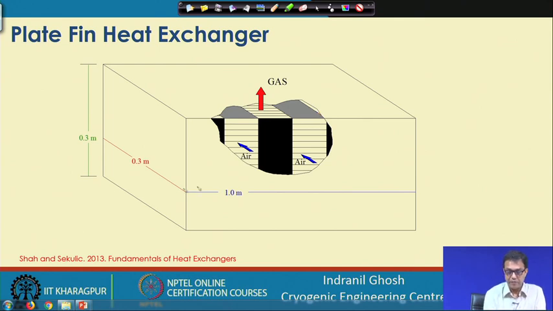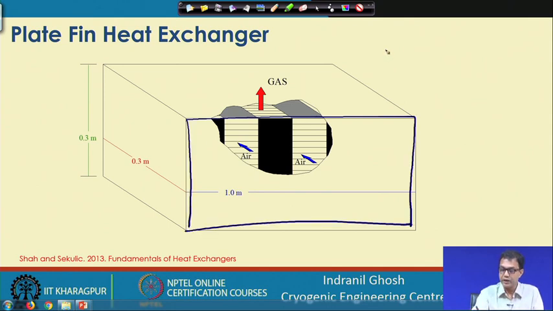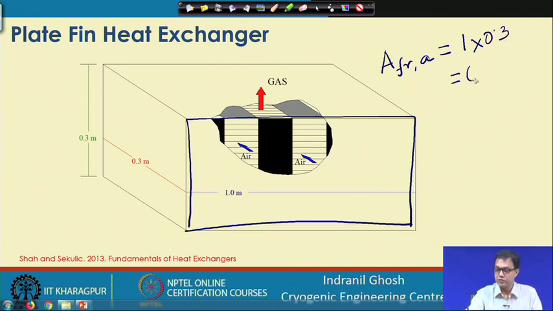The frontal area for the air stream, AFR for the air, is basically this surface area. So, it is equal to 1 meter multiplied by 0.3 meter, which is 0.3 meter square for the air.